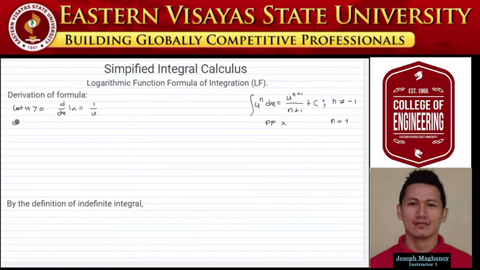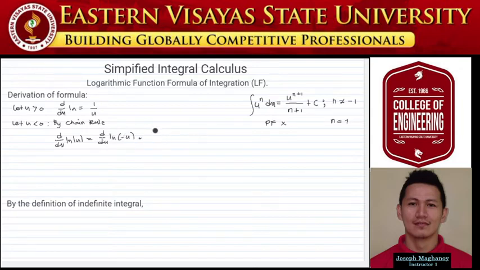Or if we let u be less than 0, and by chain rule, we can say that the derivative of ln u is equal to the derivative of ln of negative u.